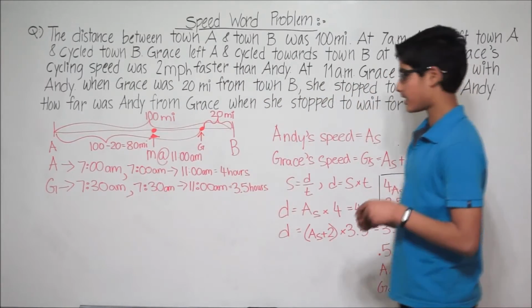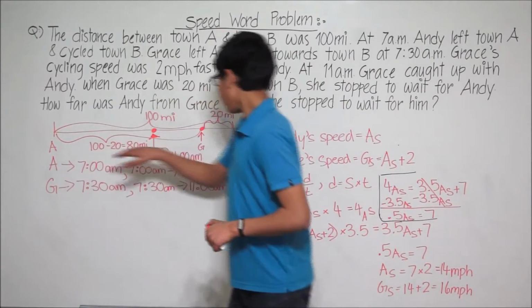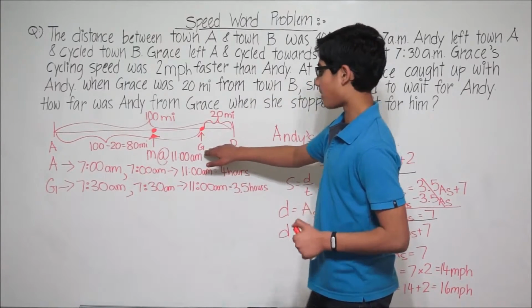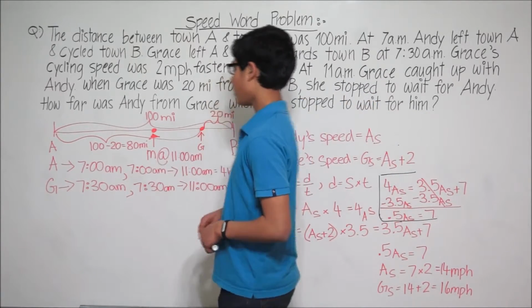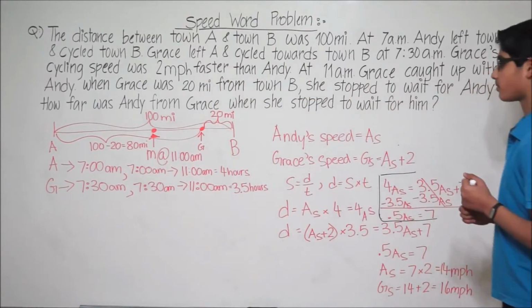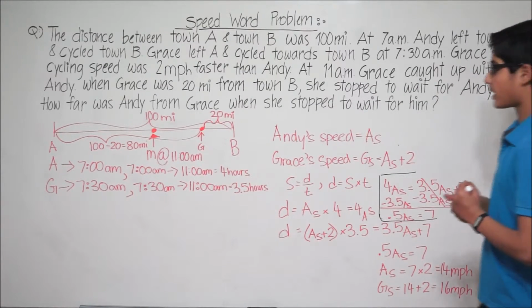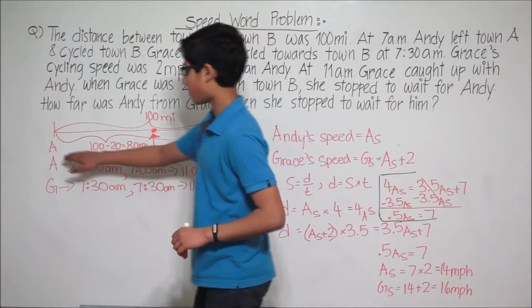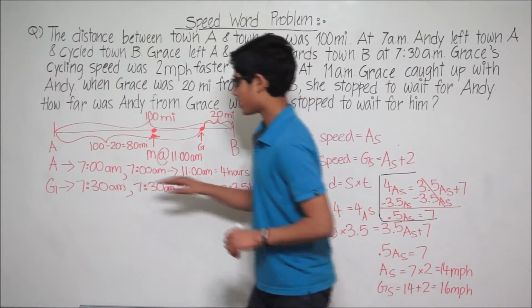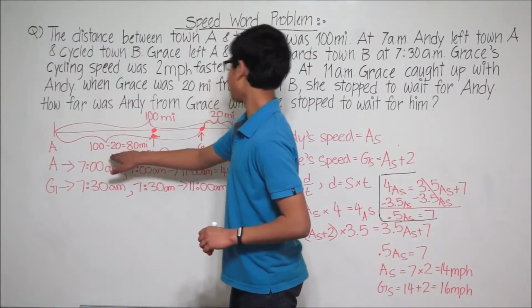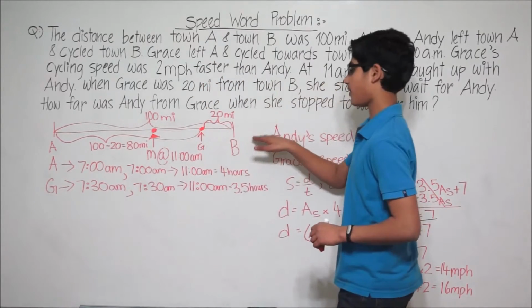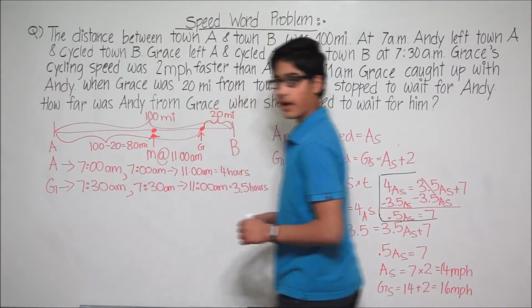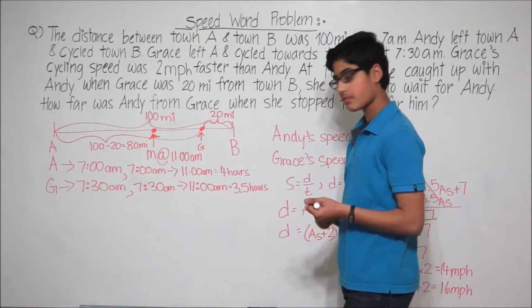So the distance from town A to where she stopped is 80 miles. So, because the total distance from town A to town B, which is 100 miles, minus the extra 20 miles that she hasn't finished yet, is equal to 80 miles that she has finished.